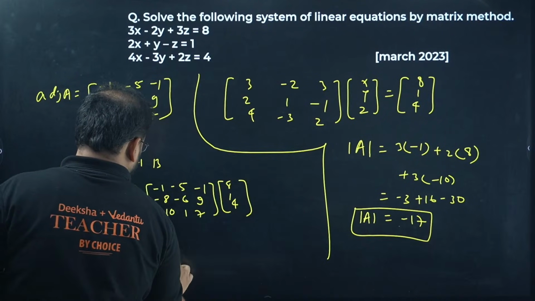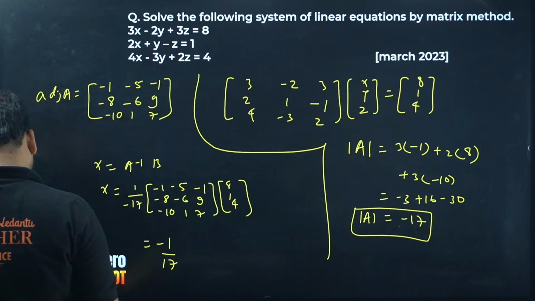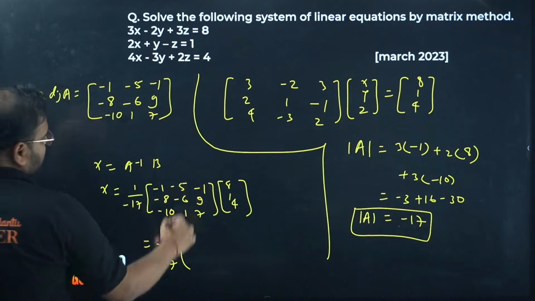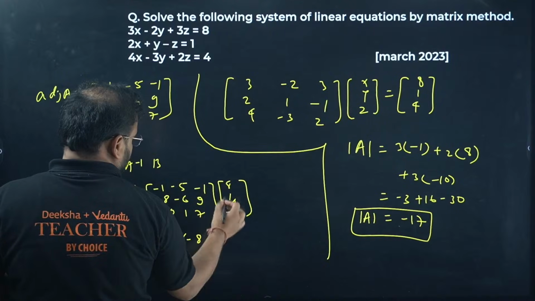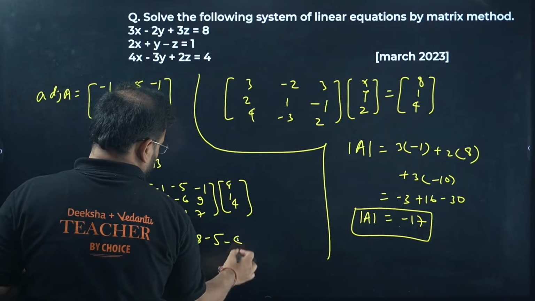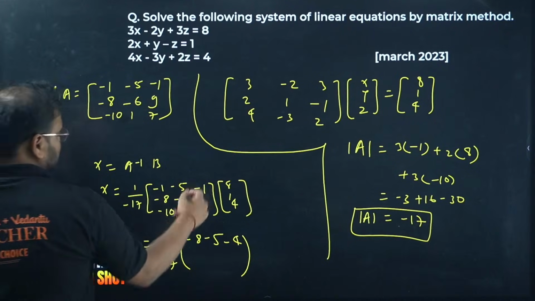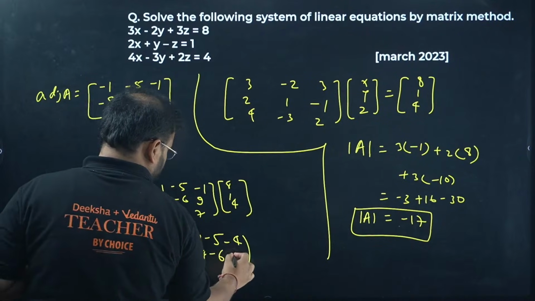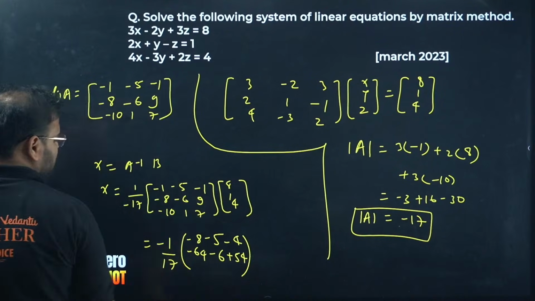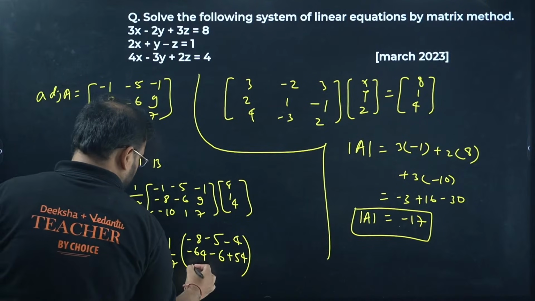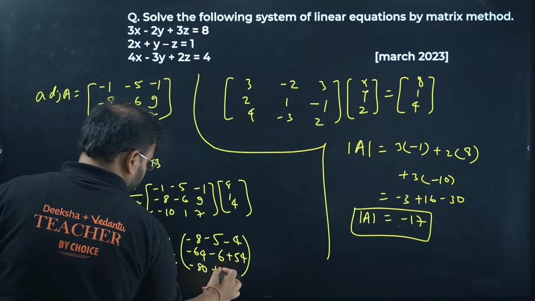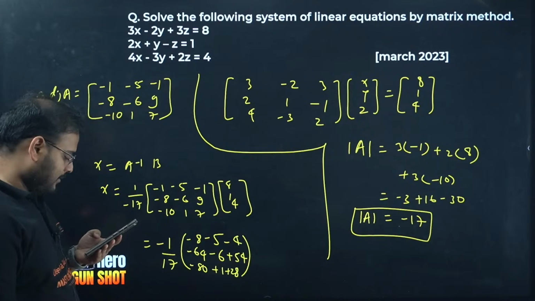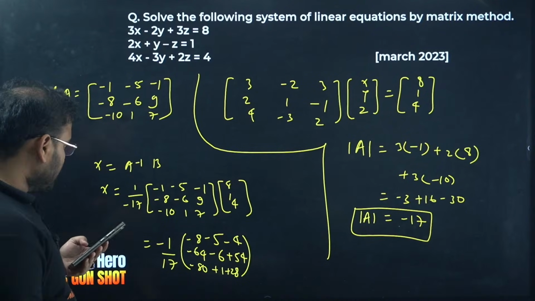You have here minus 1 by 17. And the answer for this one, check this out, will come out as minus 8 and minus 5 and minus 4. Over here we have minus 64, minus 6, 36, not 54. We have minus 80 plus 1 plus 28. Please check. Yes, looks okay.